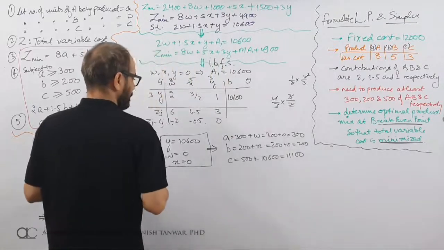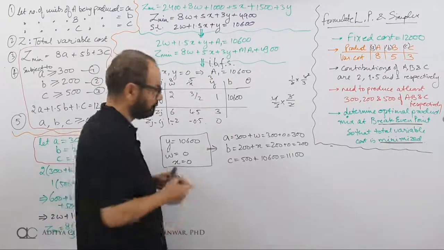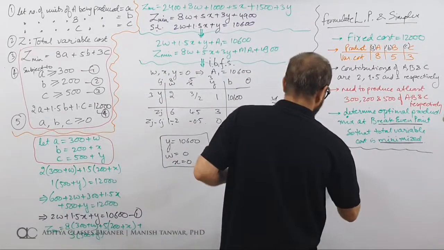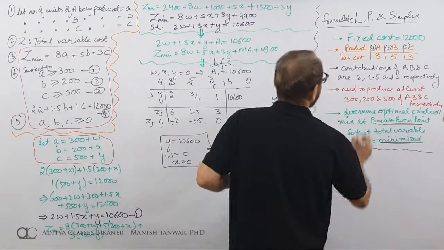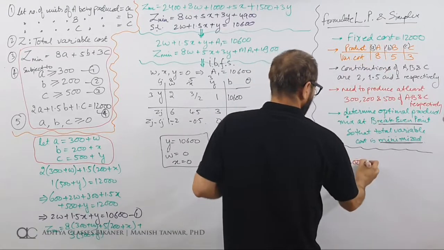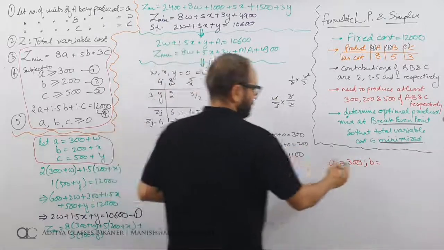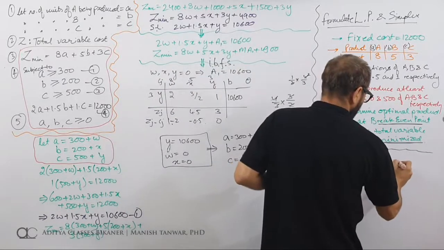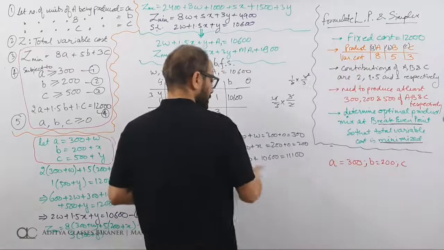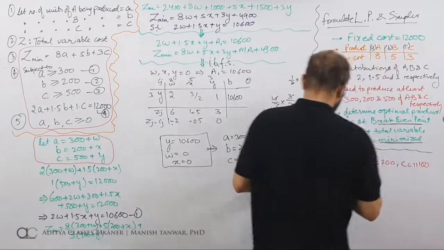So I can say that my final solution is number of units of A, 300, number of units of B, 200, number of units of C, 11,100.